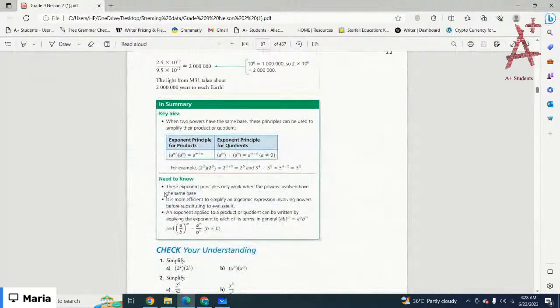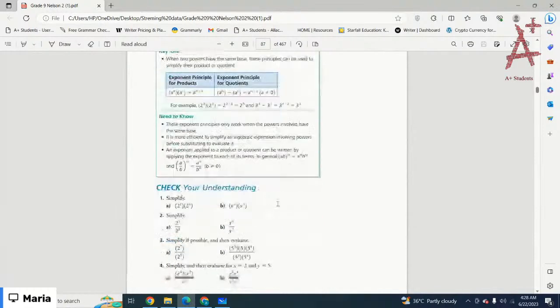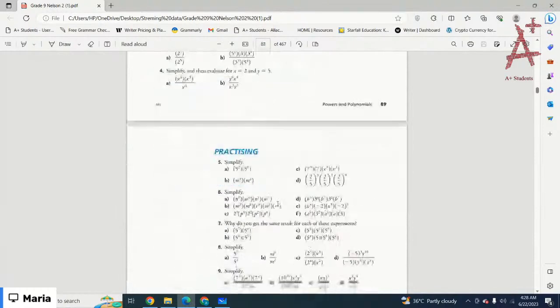If two terms that are multiplying have the same base, you can add their exponents. You can see a^m times a^n equals a^(m+n). Got it? If you have a^m divided by a^n, you can subtract them. It will be a^(m−n). Got it? Let's start with the practice questions.